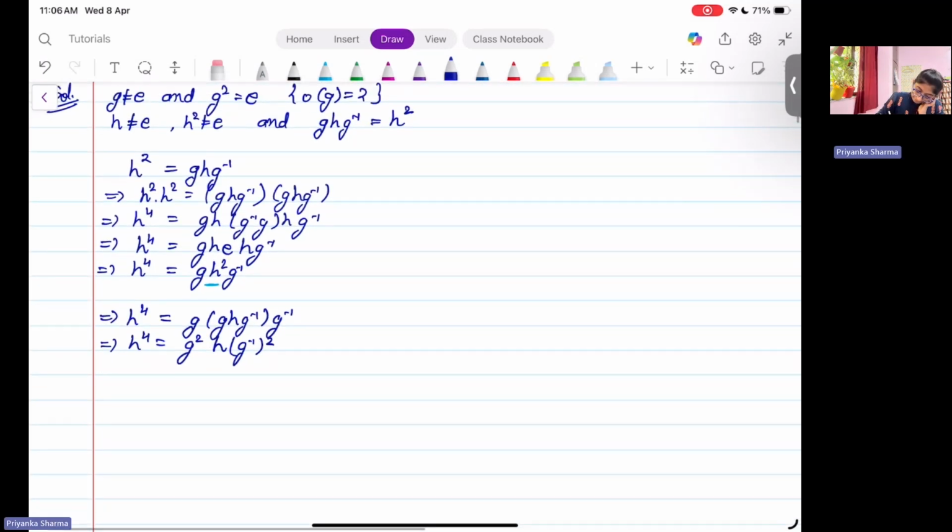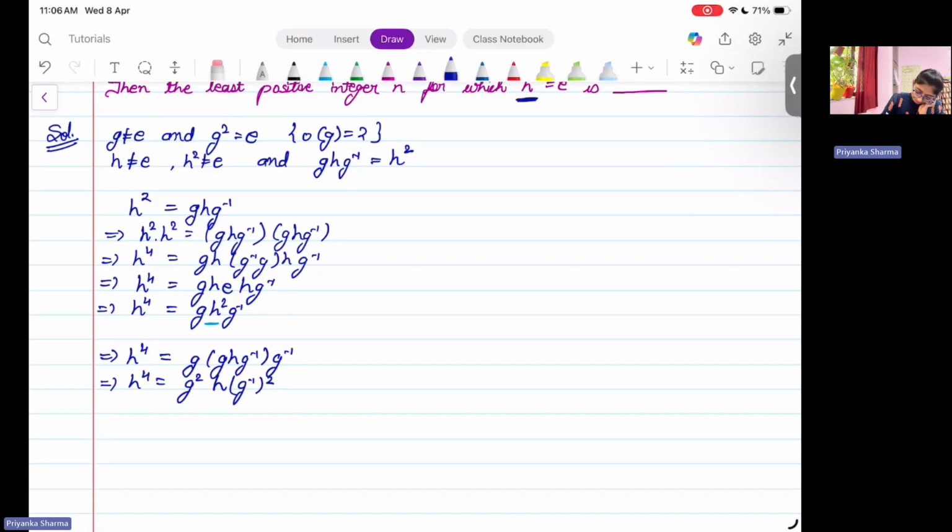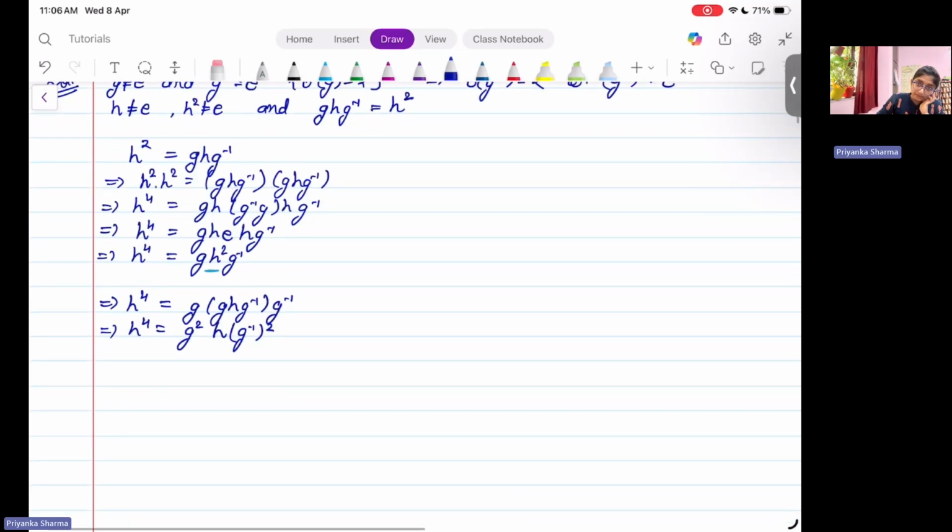But it is given that the order of G is 2. This will also imply that the order of G inverse is also 2, or G inverse squared will give us the identity element.